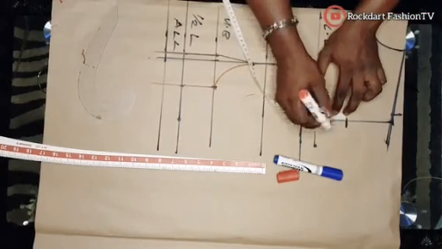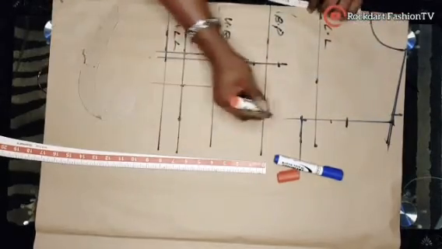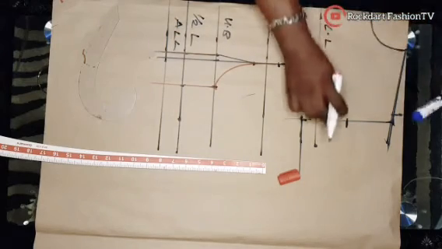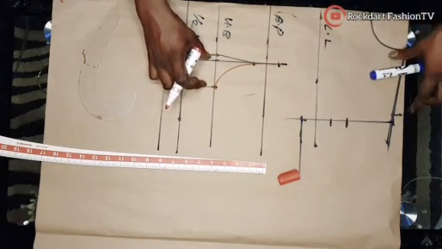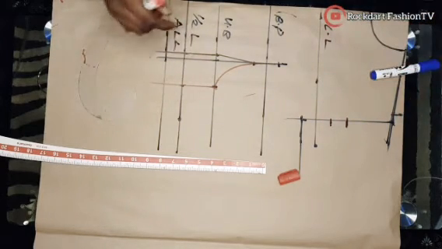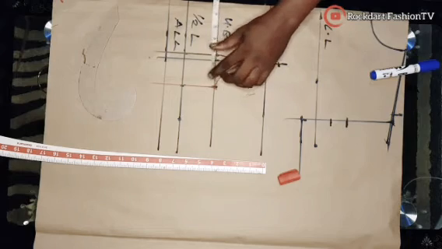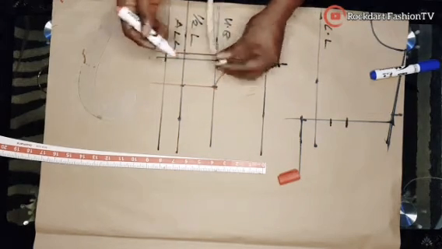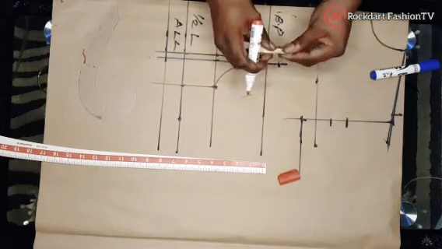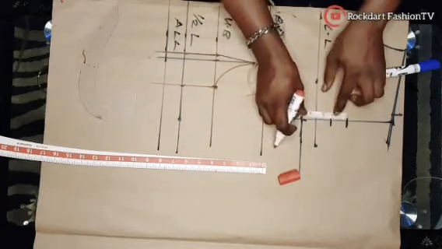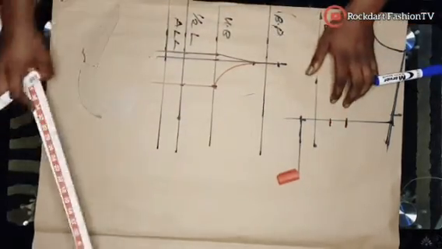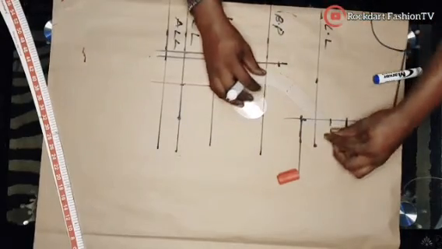So to get this armhole dart, you divide the dart here into 2. This is what we call dart distribution. So this 2.5 from here to here, 2.5. When we divide by 2, we get 1.25. So as you can see, I'll use to connect.